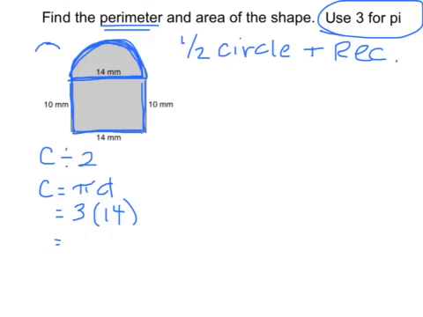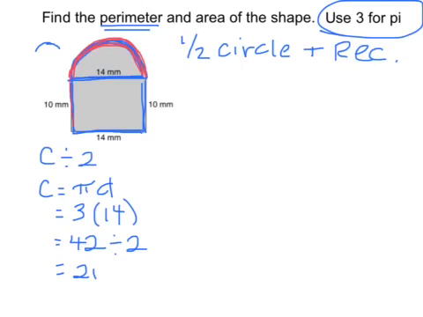Well, 3 times 14 is 42. That would be the circumference of the entire circle. What I want to do now is divide it by 2. 42 divided by 2 is 21. Guys, that is this distance right here, all the way around. It's half of a circle, half of the circumference.